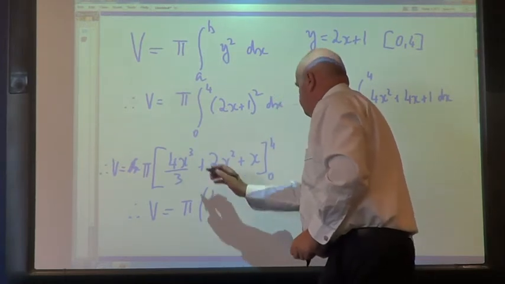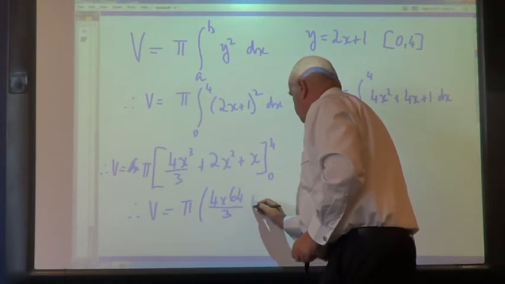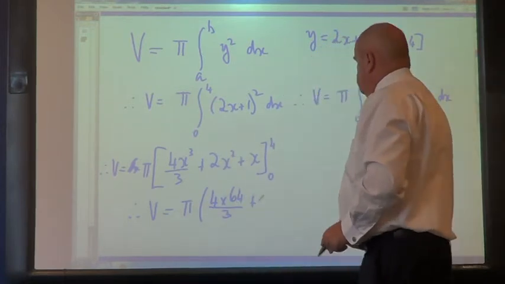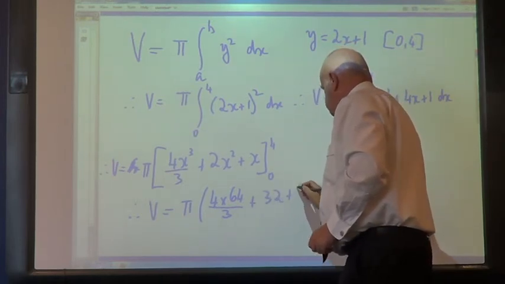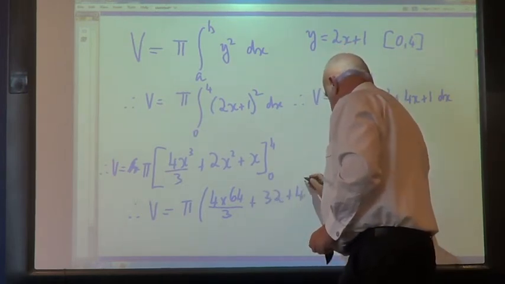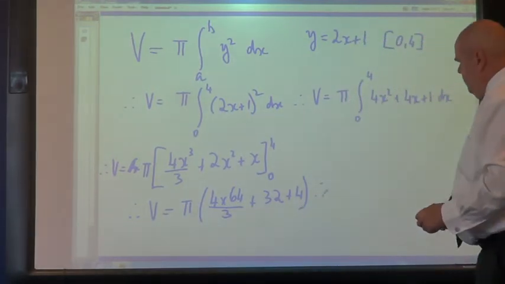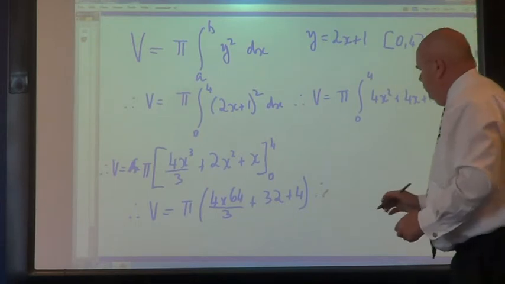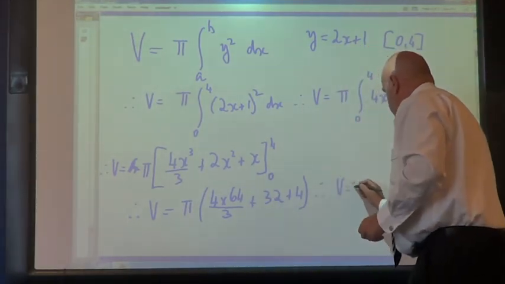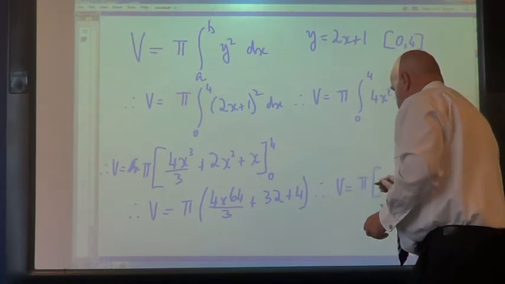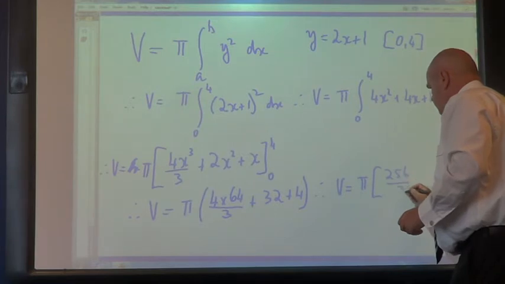Now, 4 cubed is 64, divided by 3, plus 4 squared is 16, times 2 is 32, plus 4. What does that come to? Well, 64 times 4 is 256, divided by 3. So therefore, volume equals pi times 256 on 3.